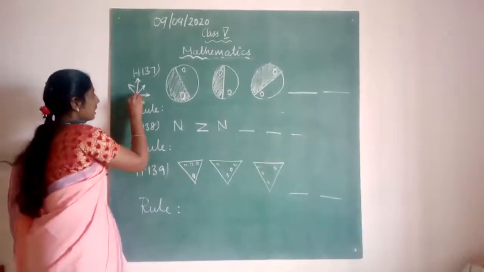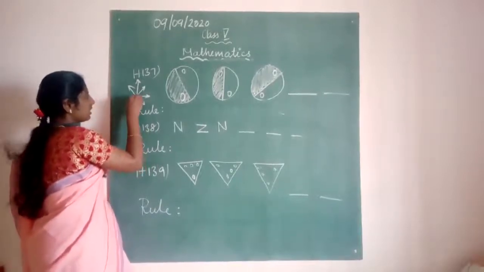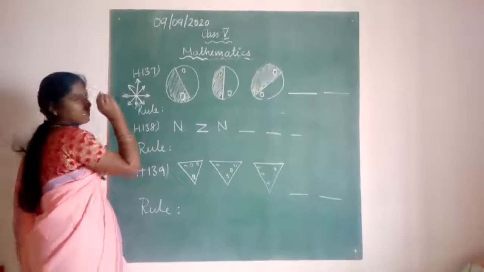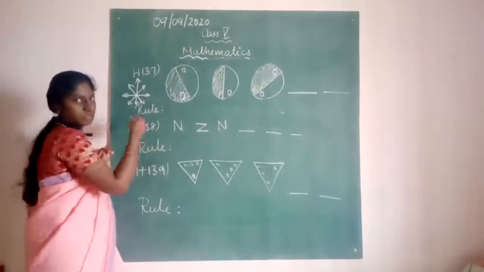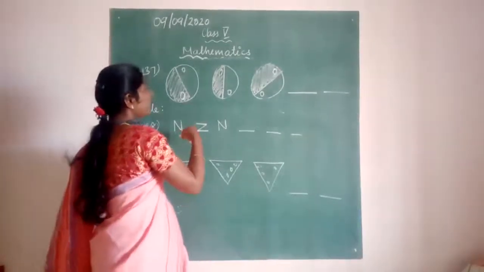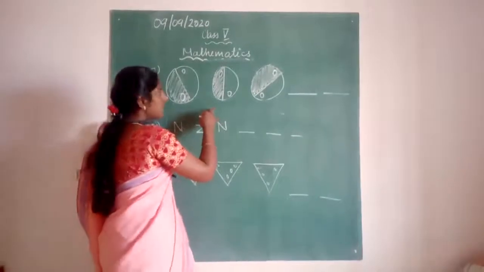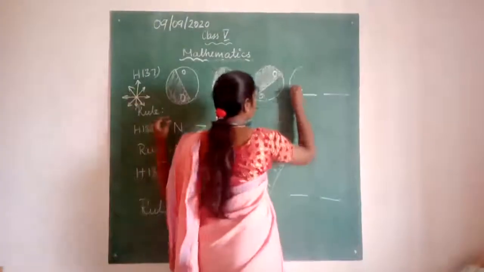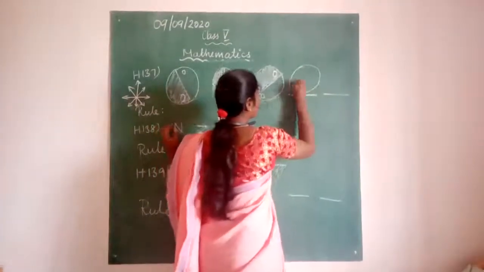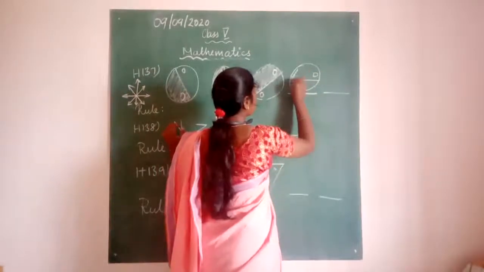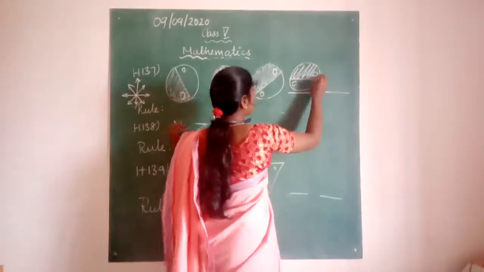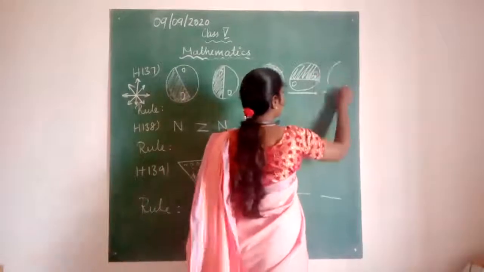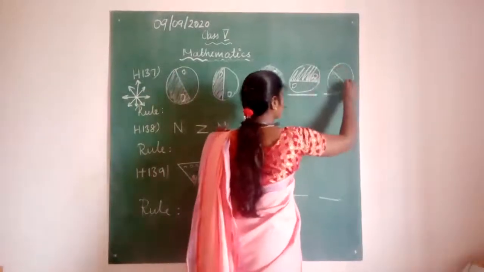Okay, then cross left, then straight left. Is it clear? Like this it follows. Okay, so actually here we can say the next picture will be in this way. Okay, and the next one, the last one will be like this.